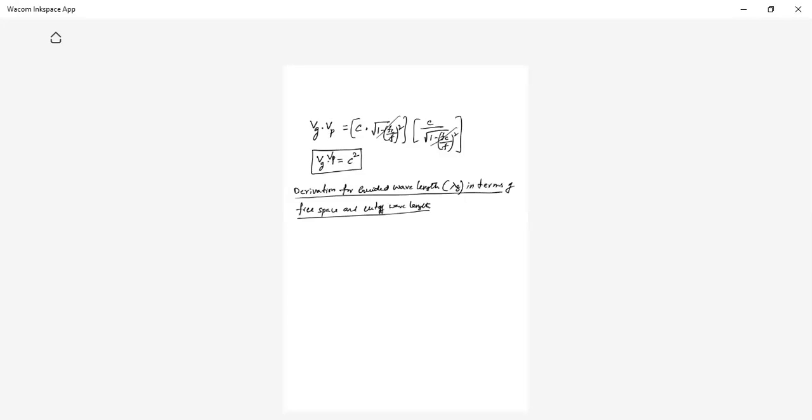So what is lambda g? Already we know Vp is equal to lambda g into F. From that, lambda g can be written as Vp by F.